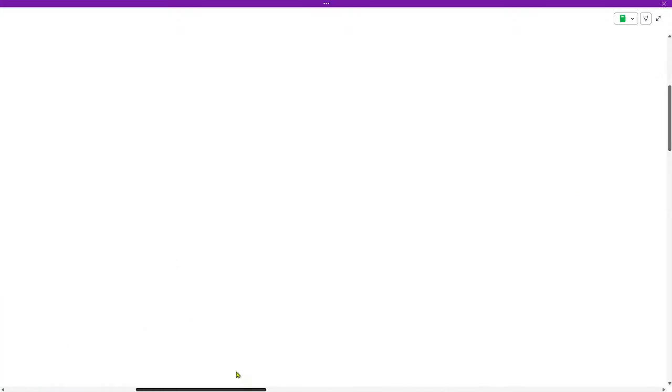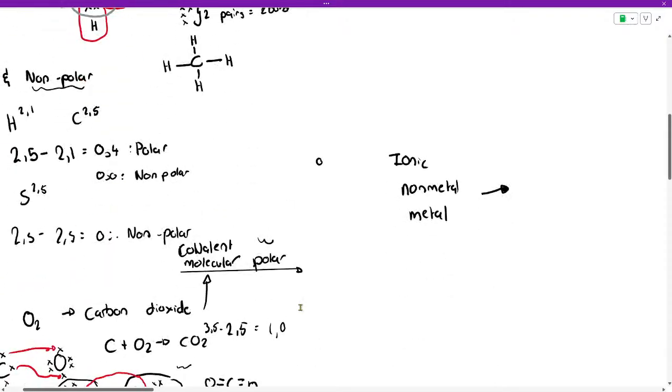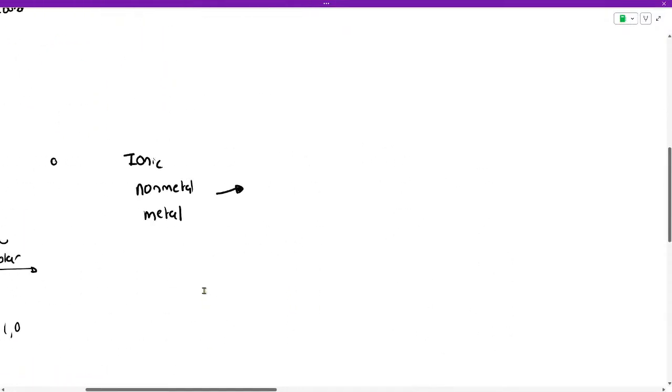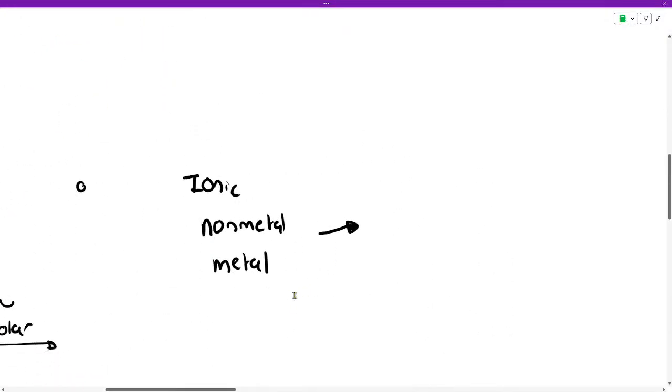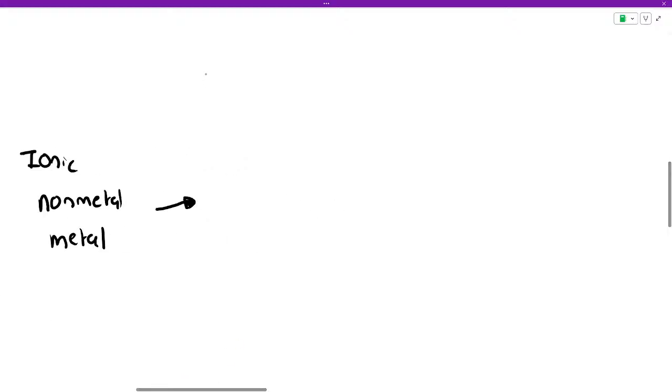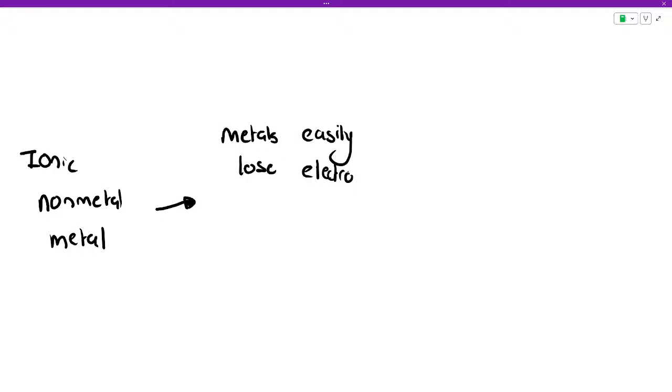But for an ionic, it's just non-metal and metal. So how this works is metals easily lose electrons. Now, from everyone on this call, who can tell me why?